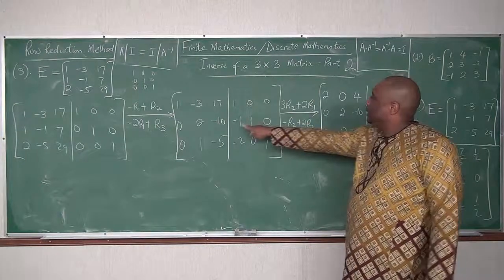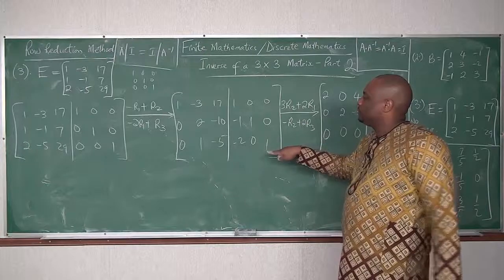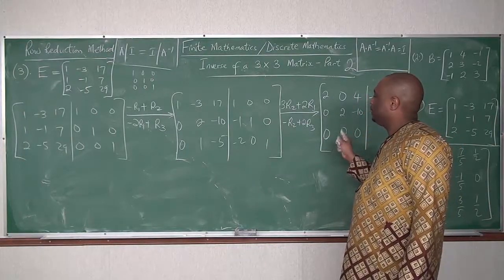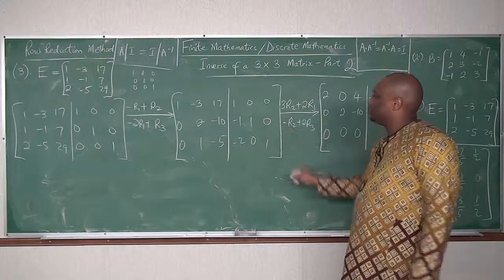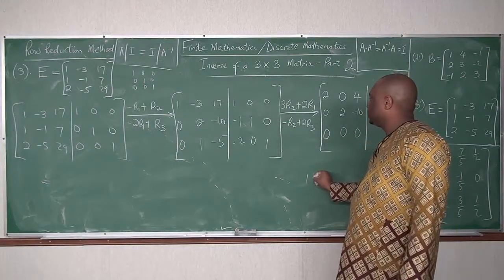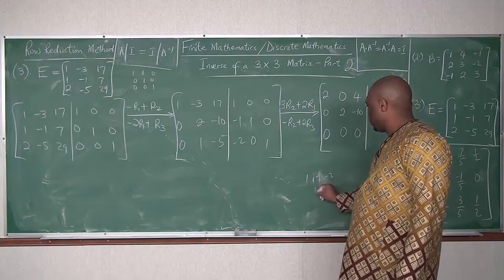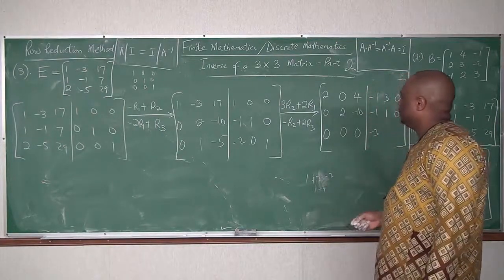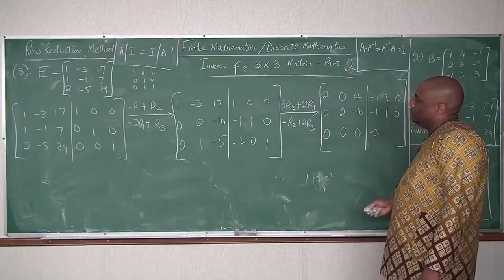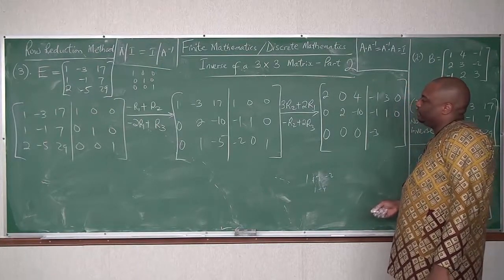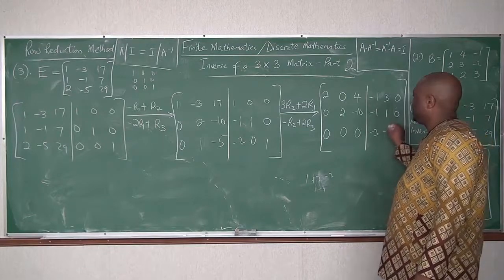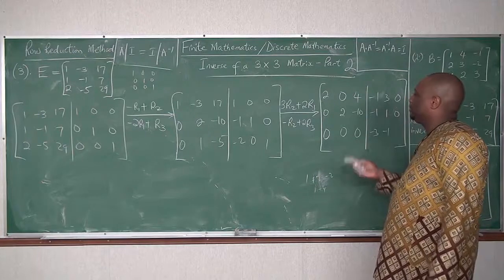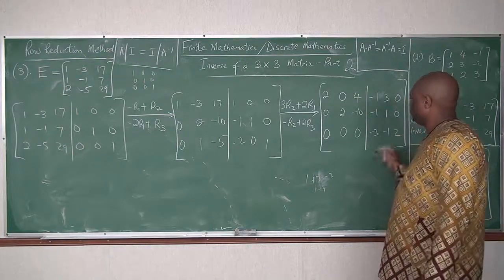Plus 2 times negative 2 is negative 4. So 1 minus 4, right? 1 plus 2 times negative 2. So 1 minus 4 is negative 3. Then negative 1 plus 0 is negative 1. Negative 1 plus 0 is negative 1. Then 0 plus 2 times 1 is 2.